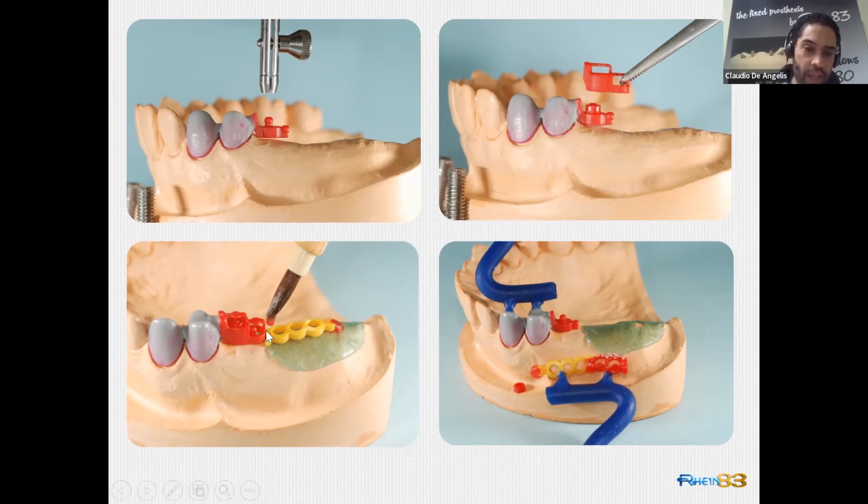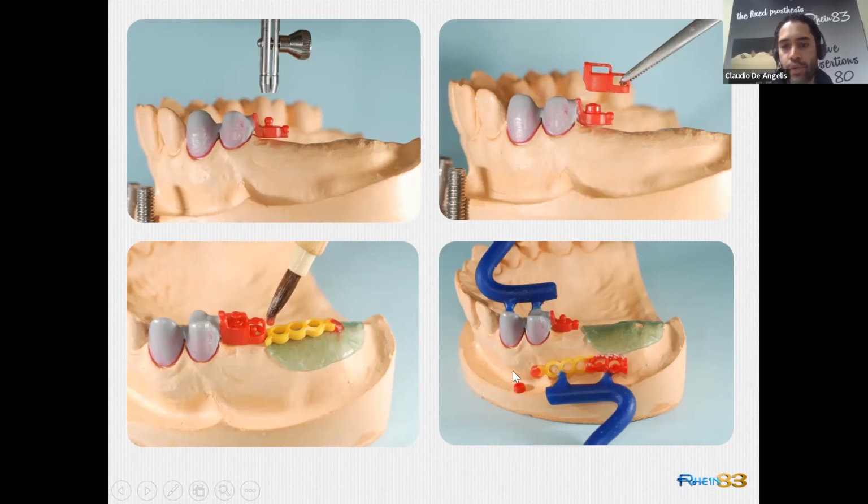Pay attention to connect the castable housing, only the castable housing, to the metal reinforcement in yellow, and to apply screws on the metal housing and the reinforcement, and separately to put a screw to the crowns and the actual attachment. Remember to remove the positioning ring. This one should not go together along with the attachment.